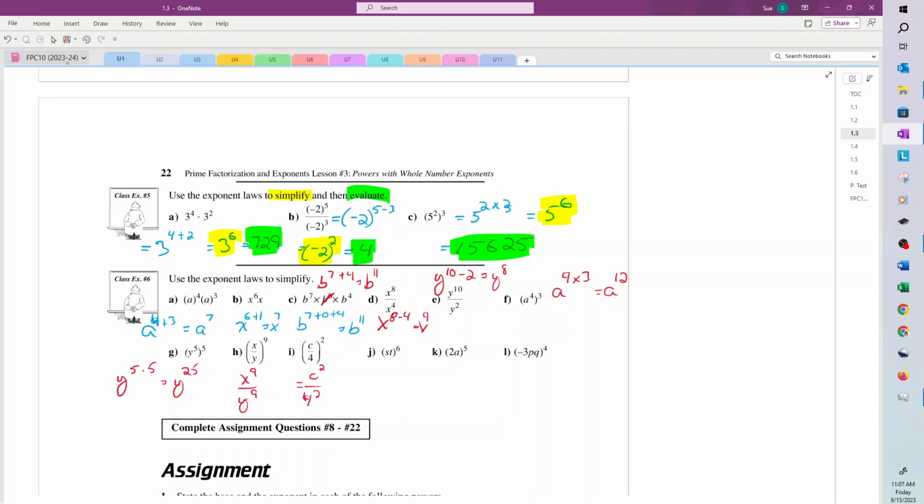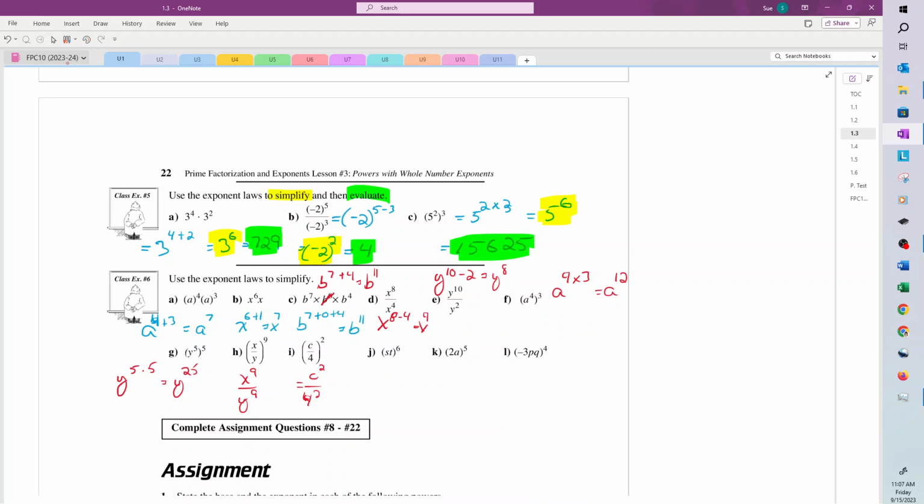Now, you are asked to simplify this. Simplifying is a little bit odd. Up here, because you were asked to simplify and then evaluate, and there were no variables in it, simplify means leave it as a single exponent.